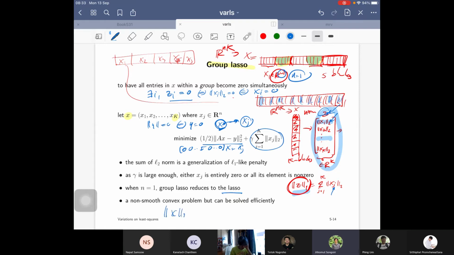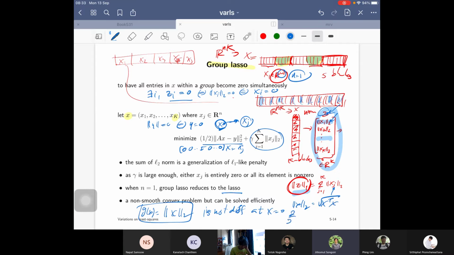This is from a result that we know: the two norm function, without the square, is not differentiable at x equals 0, because the two norm is the square root of x transpose x.